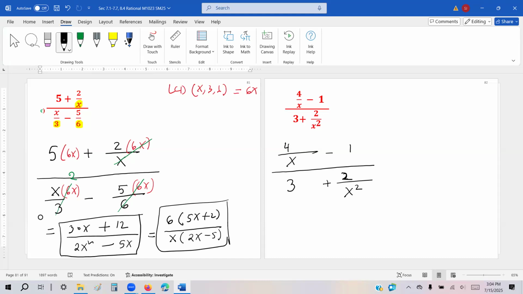Always try to see if it's cancelable by factoring. But usually in the final exam, they give you something that is not cancelable. For my in-class exam, I'll definitely give something that is cancelable.